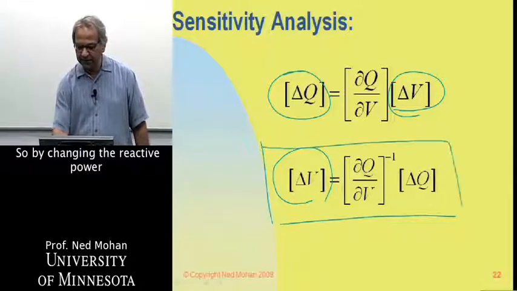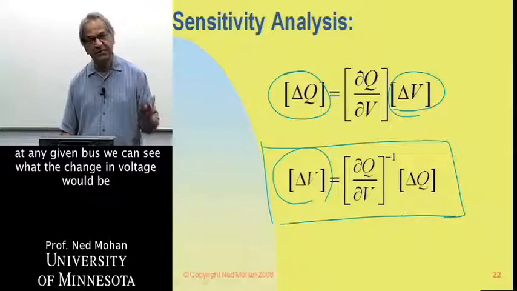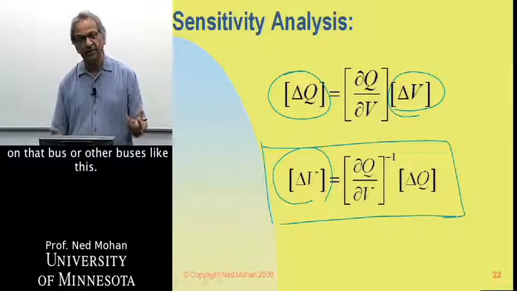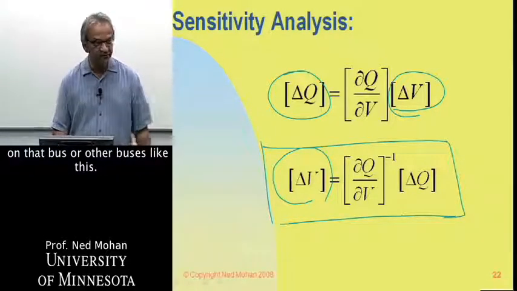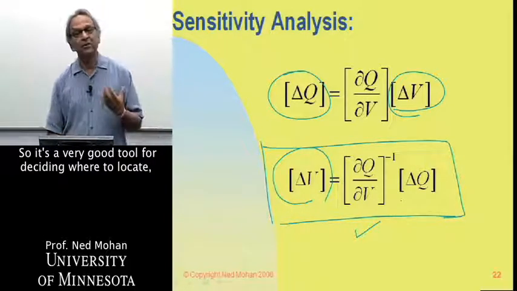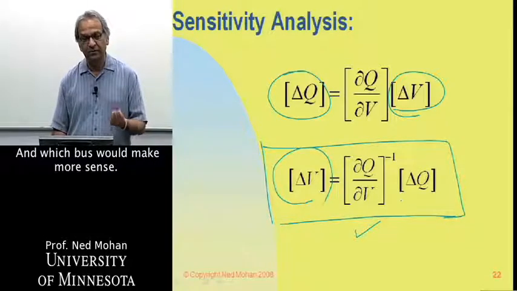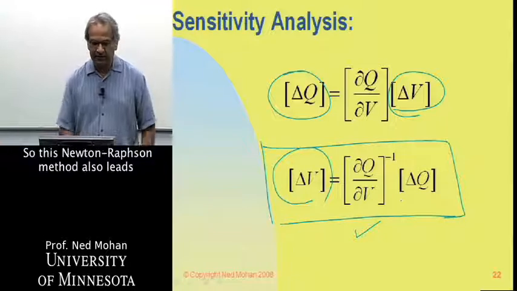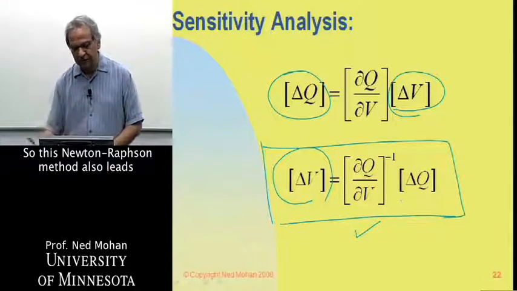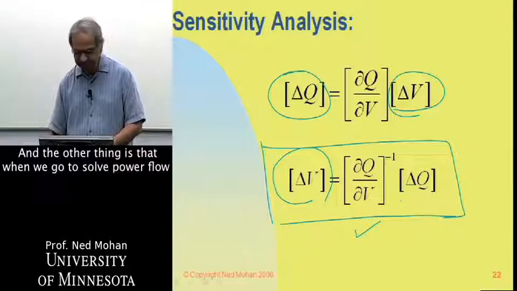So by changing the reactive power at any given bus, we can see what the change in voltage would be on that bus or other buses like this. So it's a very good tool for deciding where to locate, for example, the static VAR compensator, in which bus it would make most sense. Okay, so this Newton-Raphson method also leads to this sensitivity analysis.